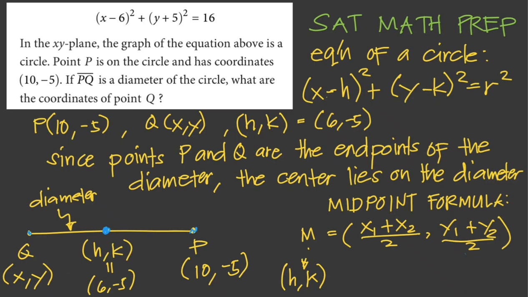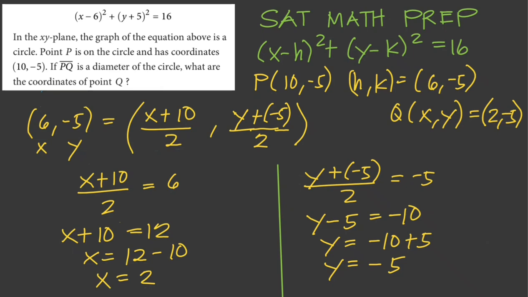So in this case, we can use the midpoint formula. Our midpoint here is the center of the circle, and then we can plug in the coordinates of points P and Q. Our unknown is point Q, so we can plug in here.